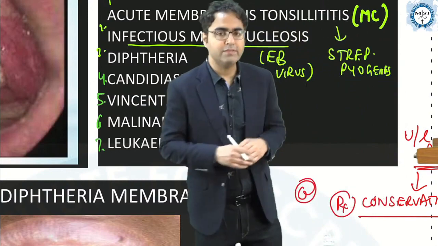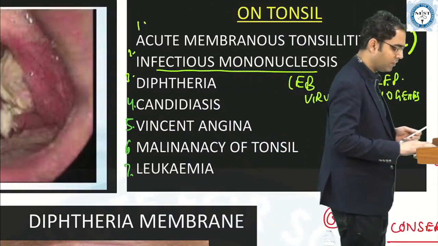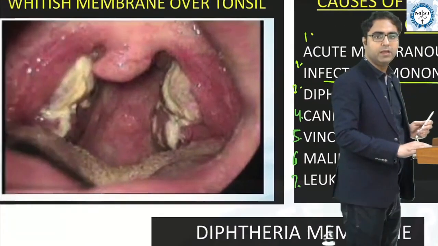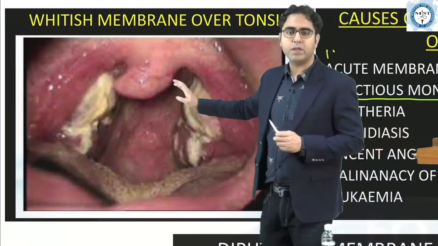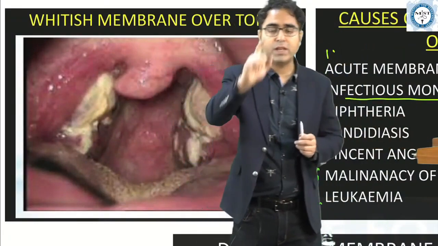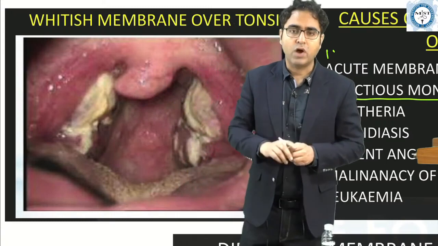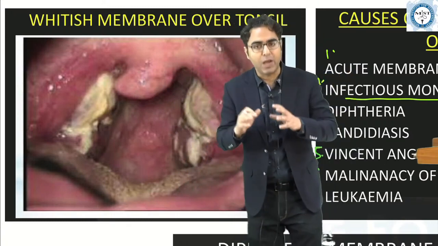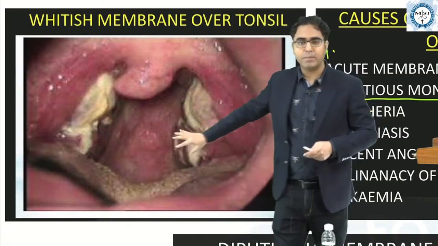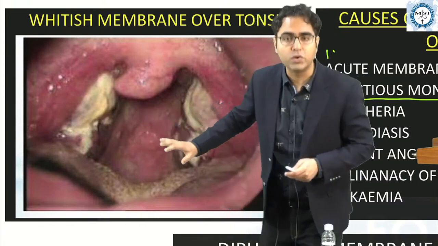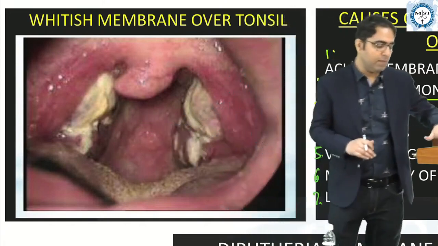Once again, let us revise the various causes of whitish membrane on tonsil, beta. Speak with me. The most common cause is number one, acute membranous tonsillitis caused by Streptococcus pyogenes. Number two, infectious mononucleosis, caused by Epstein-Barr virus, EB virus.